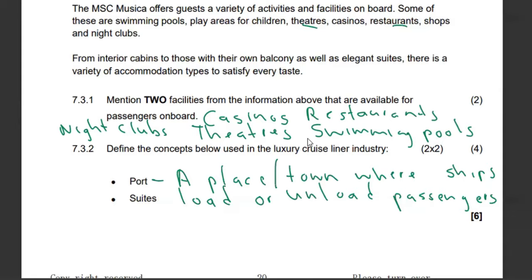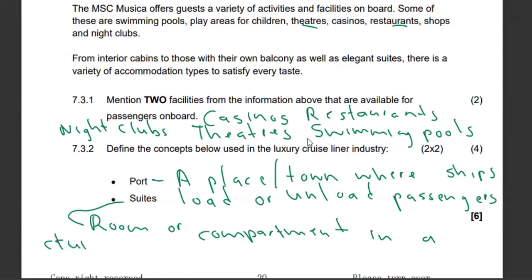Then a suite is a room or a compartment in a cruise ship that accommodates passengers. So a suite, it is a room or compartment in a cruise ship that accommodates passengers.